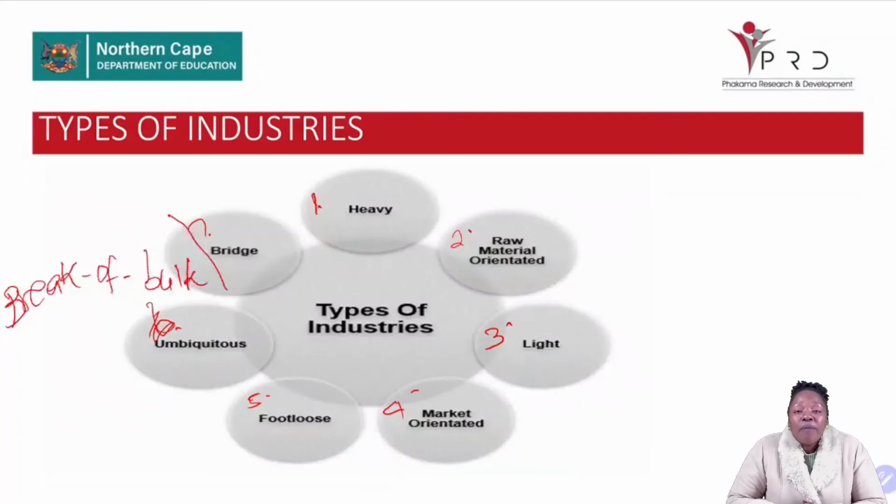Remember, we have learned about the modes of transport in grade 8. There is an air mode where we're talking about the aeroplane, and there is a road mode where we're talking about the trucks as well as the cars, and there is a water mode where we're talking about the ship or the harbor. So one mode of transport replaces the other.